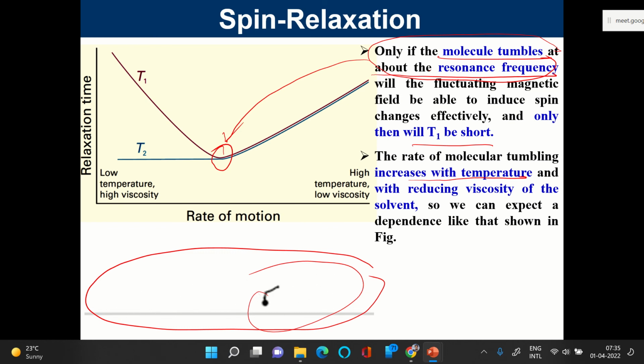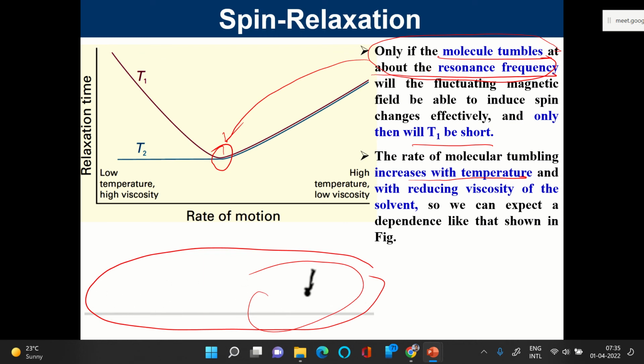So viscosity will change if we change the temperature. You can discuss it many ways, like changing the solvent and comparing the viscosity at the same temperature, or keeping the solvent the same and increasing or decreasing the temperature. In both ways T1 can change.